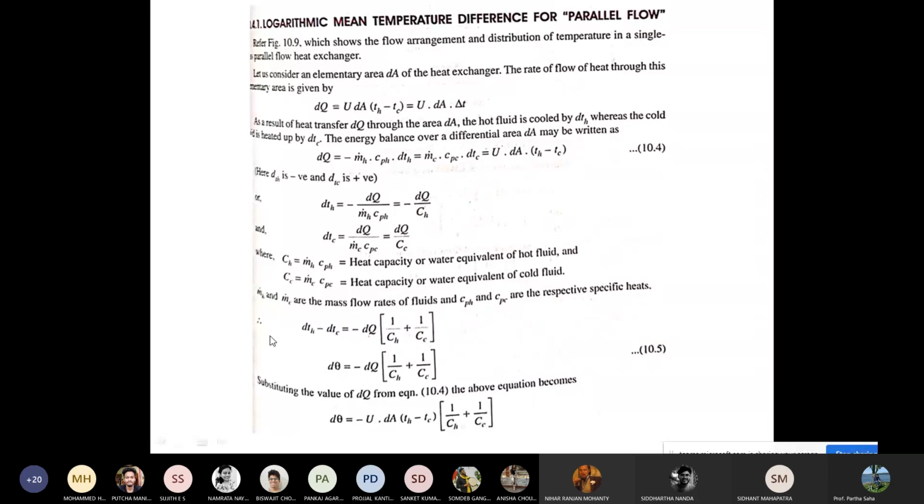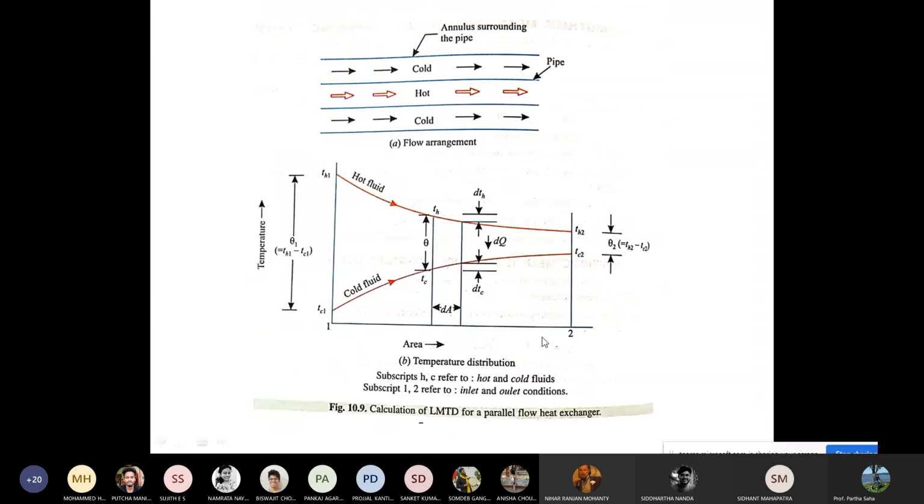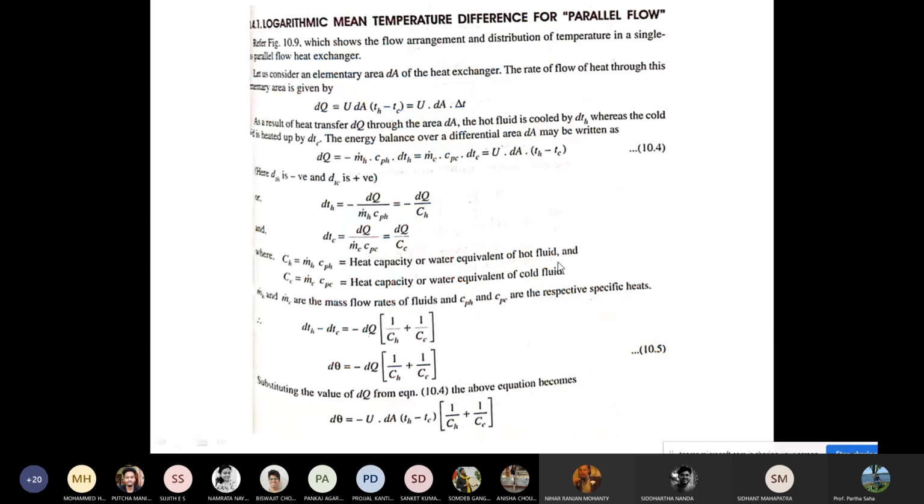And this is already given by d theta, right? Because the temperature difference is theta. As you can see, if Th minus Tc is theta, then dTh minus dTc will be d theta, right? So it will be d theta equal to minus dq (1 by Ch plus 1 by Cc).